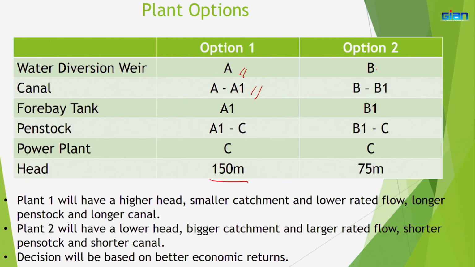Same way, if we have point B as the diversion location, B to B1 as the canal, B1 for forebay tank, penstock B1 to C, power plant at C and head of 75 meters. But this option 2 will have a higher flow, because two rivers have joined together. I have summarized them here, I do not want to read it again. The final line I will read: decision will be based on better economic returns.